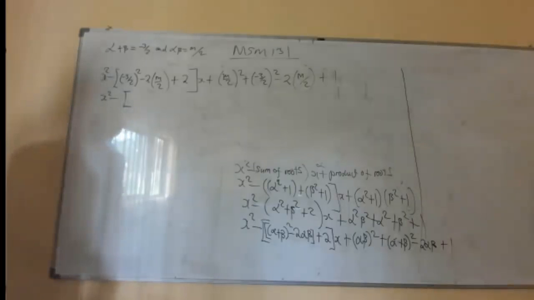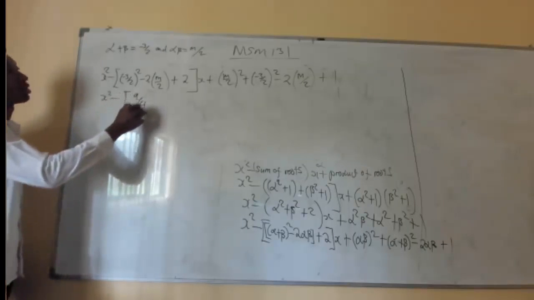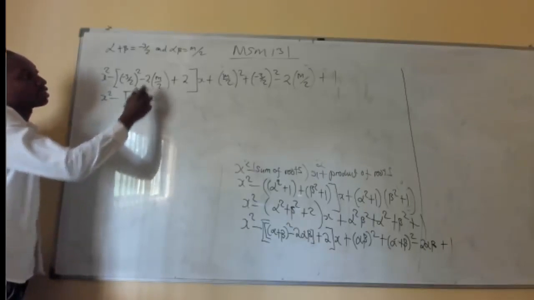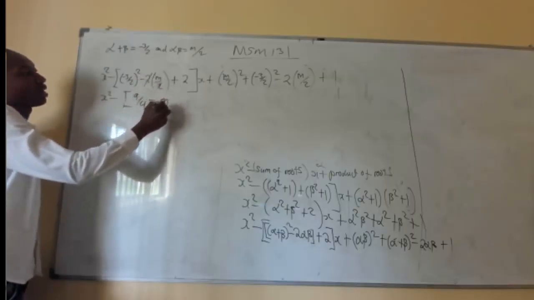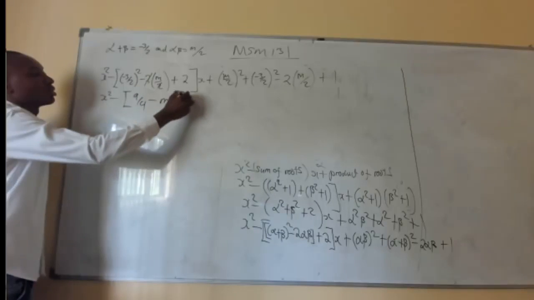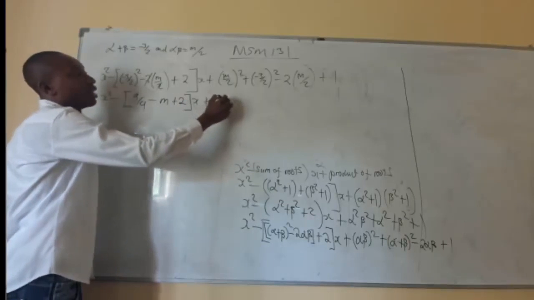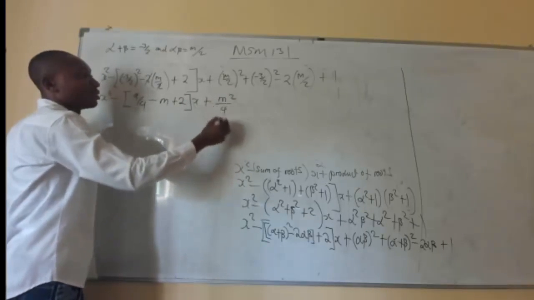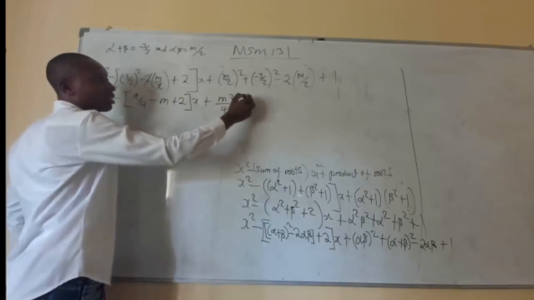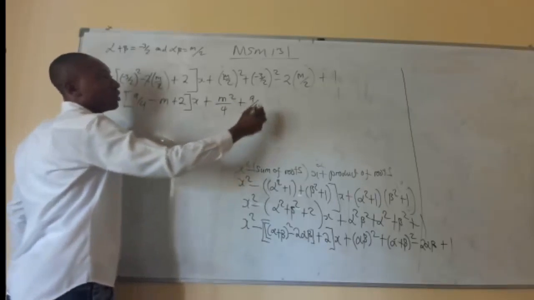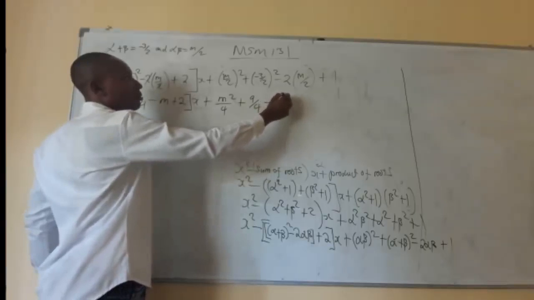Then evaluating this, we have 9 over 4 minus this, and this will cancel, so m plus 2 x plus m squared over 4 plus 9 over 4 minus m plus 1.